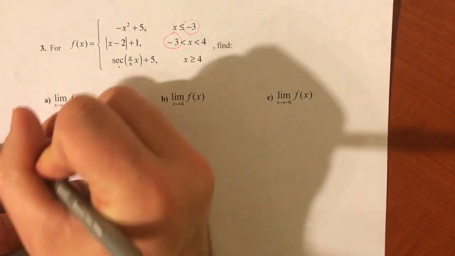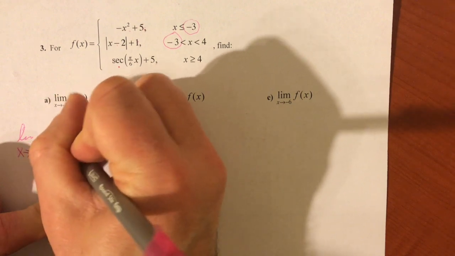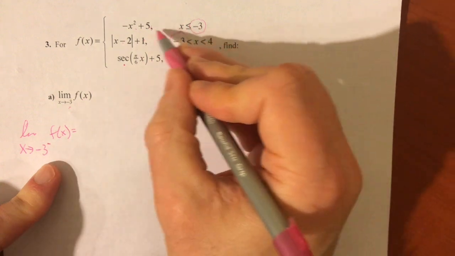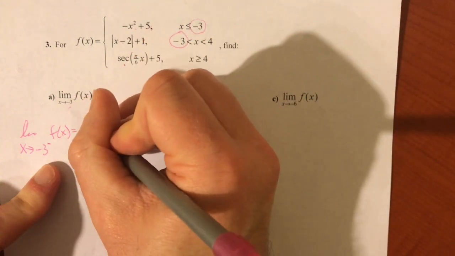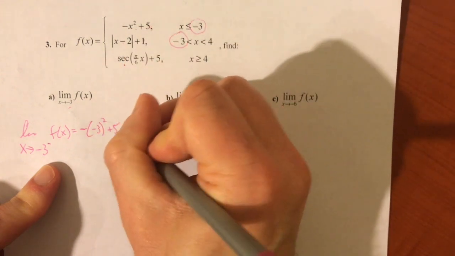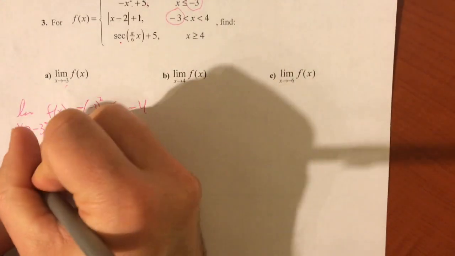So the limit as we approach -3 from the left. And I'm trying to be good with my notation, trying to be formal here. -3 from the left would be plugging it into that piece, and that will be -9 plus 5, -4.